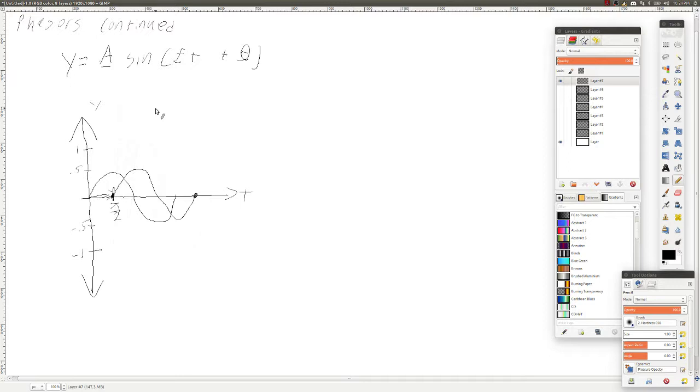Between frequency, amplitude, and phase, you know the components of any sinusoid. When we do frequency domain analysis, we basically analyze amplitude as a function of frequency omega, and phase, theta, as a function of omega.